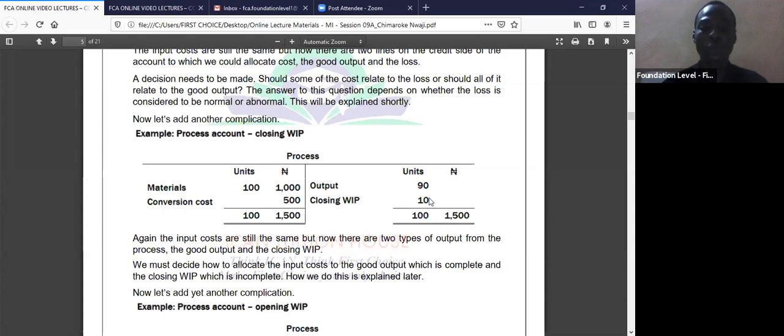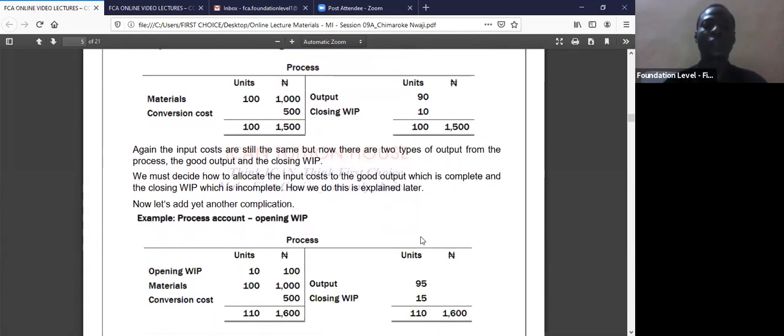You still have some that are left unconverted to output. Like here is 10, and the output is 90. That is 90% of it is output, the 10% is work in progress. What costs are you going to apportion to the work in progress, and what are you going to apportion to the output? This is another question we attempt to answer.